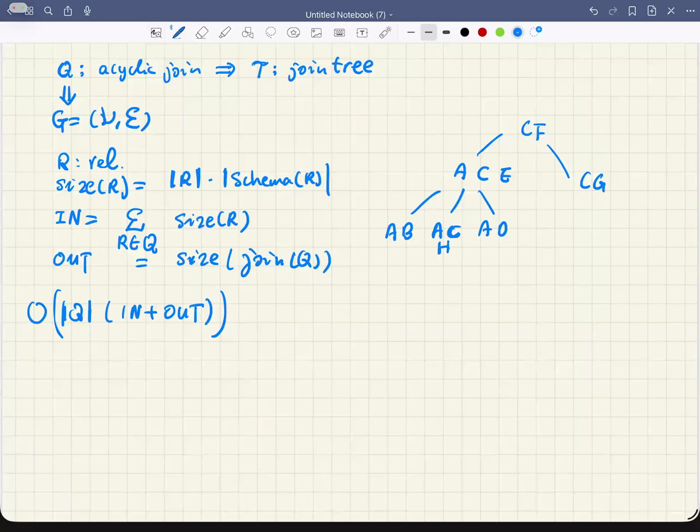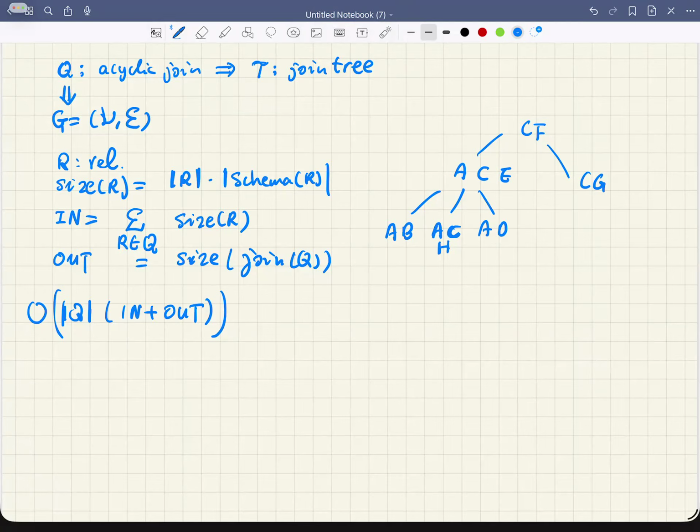The number of relations here is not necessarily a constant. So if you have a lot of relations here, the output size can go up exponentially. However, this is polynomial in the input size and the output size.